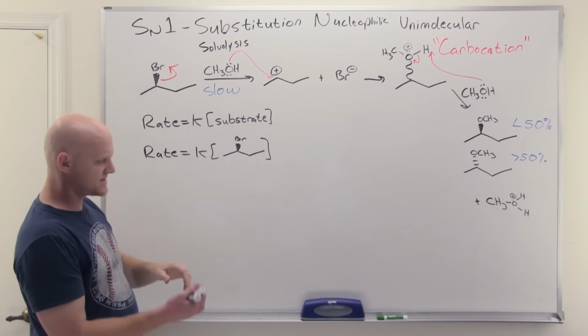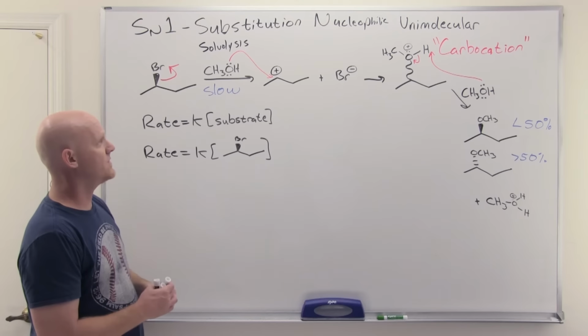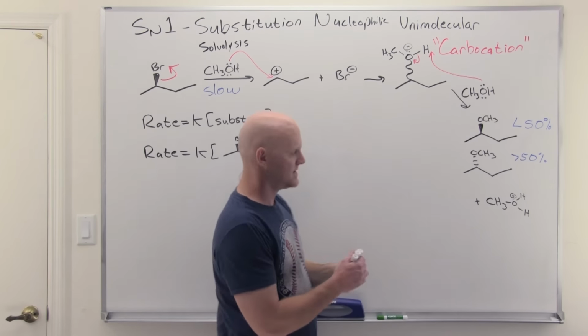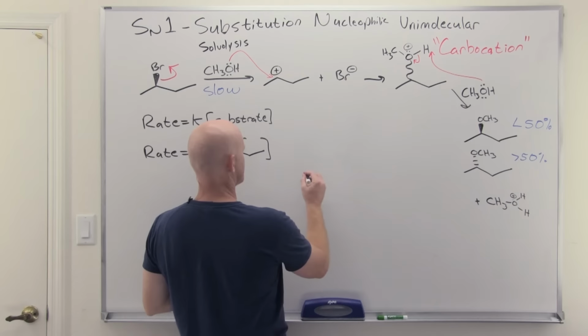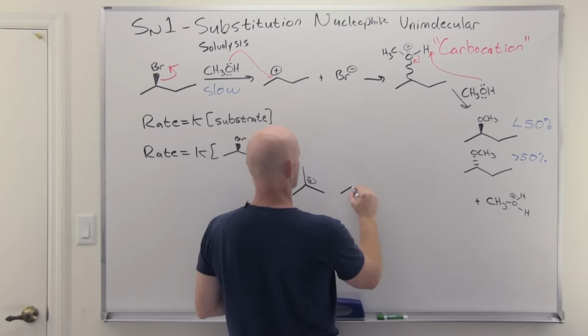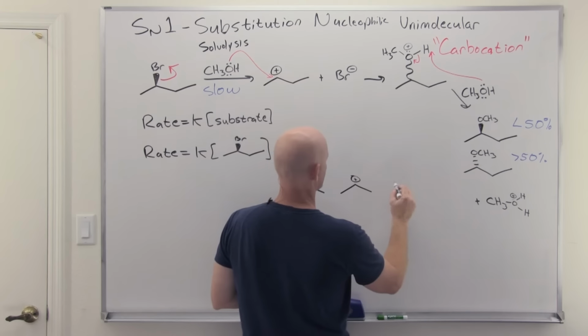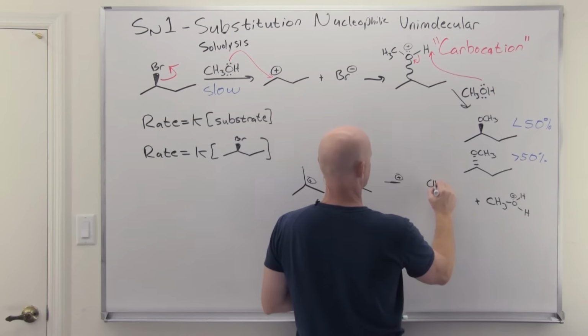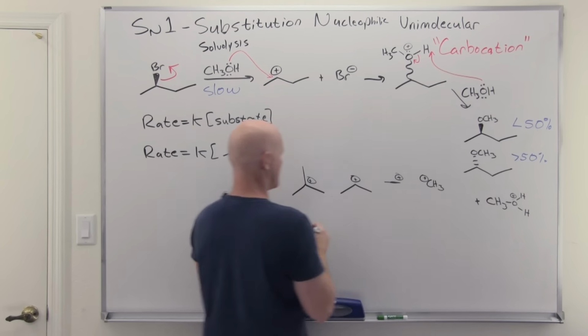If we take a look at some of the substrate effects now, again, SN1 is all about the carbocation. Somewhere along the way, you guys learned that tertiary carbocations are more stable than secondary carbocations, are more stable than primary carbocations, are more stable than methyl carbocations.